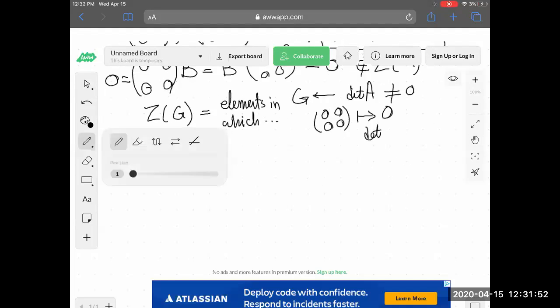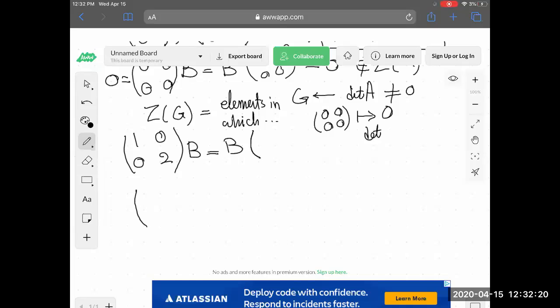Okay, what about this one, 1, 0, 0, 2? Does this one commute with other invertible matrices? Let's try to see if it really works or not. We want to see if this thing is equal to B times 1, 0, 0, 2.